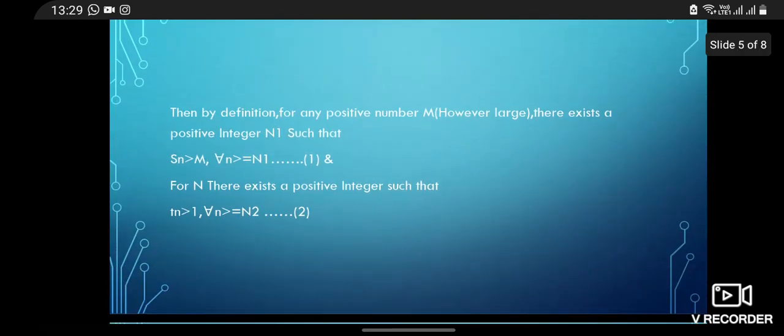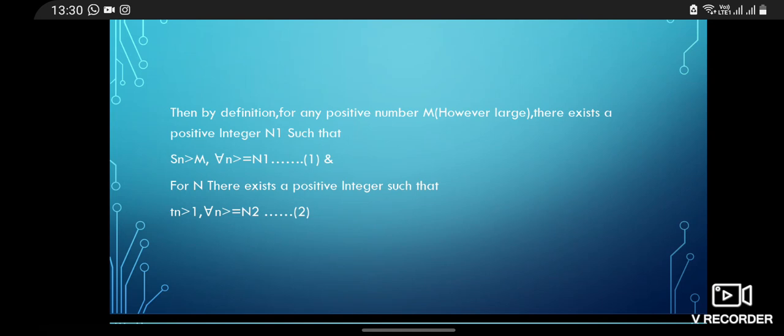Then, by definition, for any positive number capital M, there exists a positive integer N1 such that Sn is greater than M for all small n greater than or equal to capital N1. So this is our equation number 1.